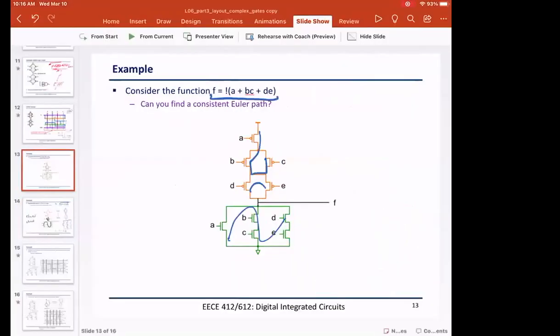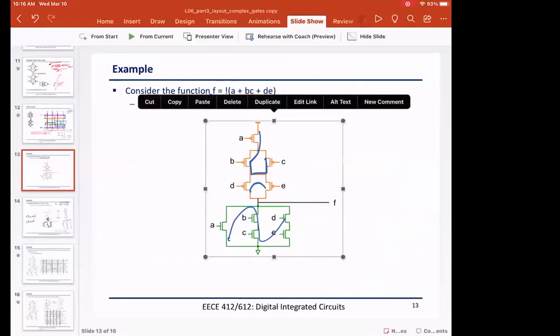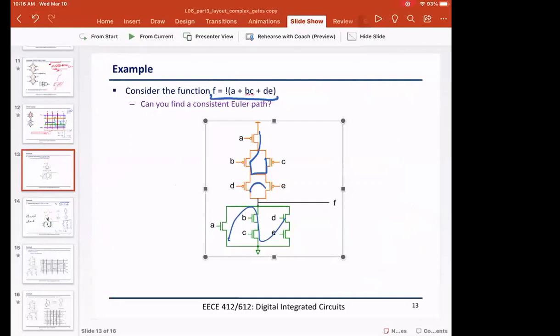So with this topology, all I'm trying to say is that if we give this topology a try, where A has to be at the top as an individual block, it will take maybe a long time, or maybe we will not find a proper Euler path.